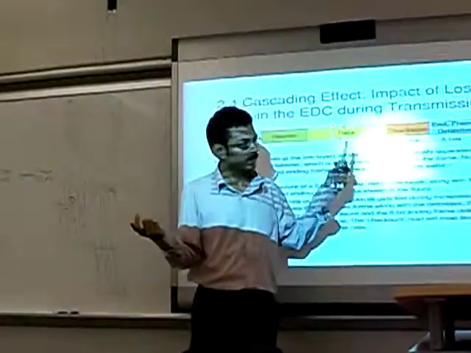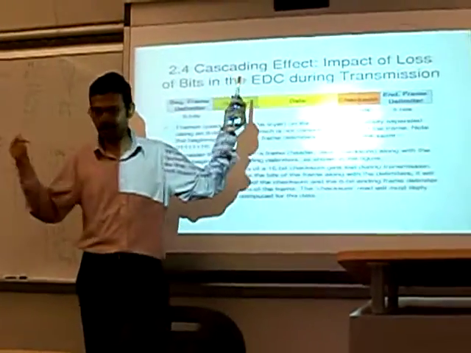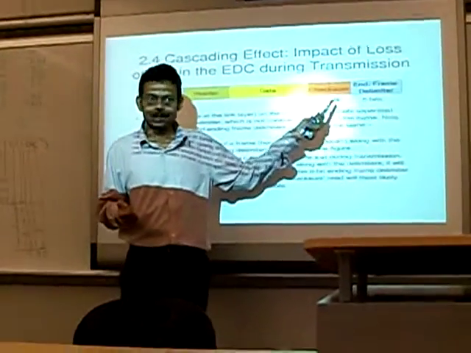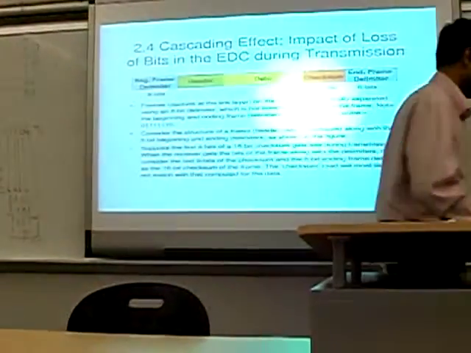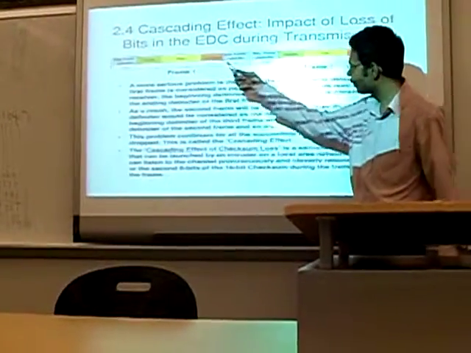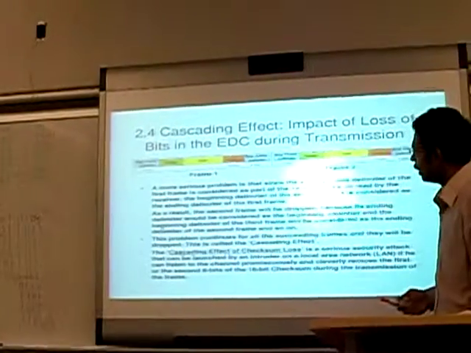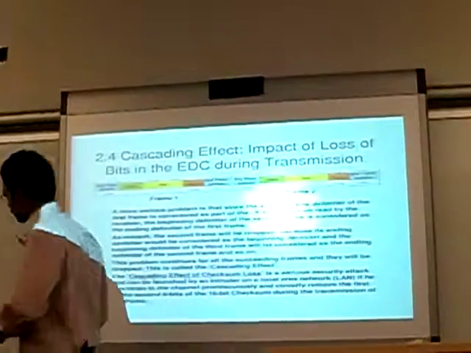So when the receiver gets this frame, because everything is in binary, zeros and ones, right? So the receiver may think the checksum that it sees is actually a combination. So it looks like this. Let me break it out. Okay. Let me do it here.